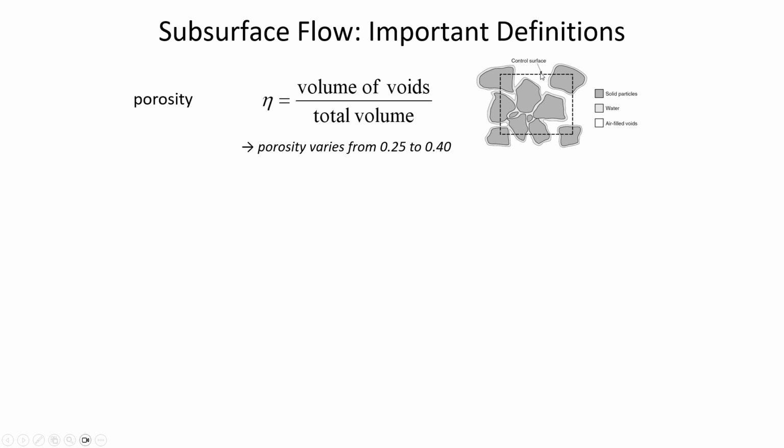If the void is completely filled with water, then it's fully saturated, and I guess we'd say it's not really necessarily a void if it has water in it. The porosity is the volume of the voids to the total volume, the voids that aren't the solid materials. A typical range is from 25 to 40% of the unit volume in a subsurface environment being voids.